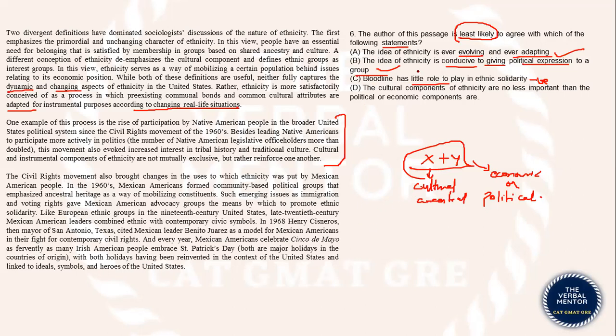So bloodline has little role, no. Opposite. Author is least likely to agree with option C. But what about D, the cultural components of ethnicity are no less important, which means they're equally important as the political or economic components are. That's absolutely correct. So author would also agree with this. So option C is the correct answer.